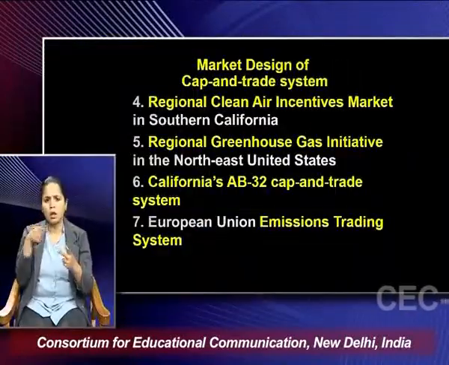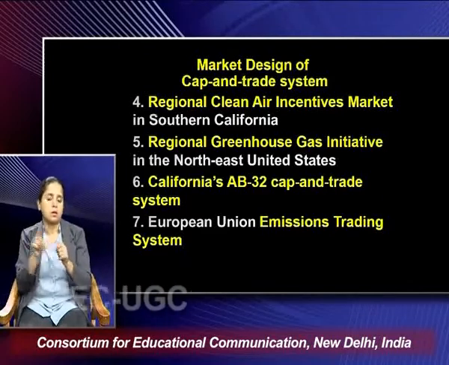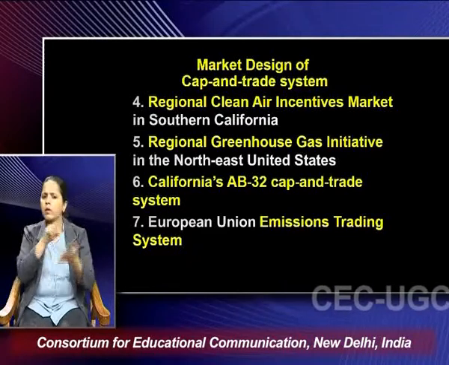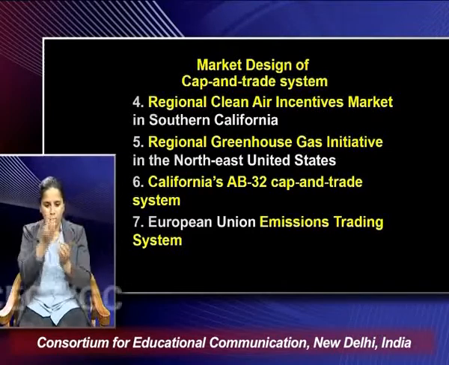The third case study is about nitrogen oxide trading in the eastern part of the United States. Similarly, the fourth case study is the regional clean air incentives market in Southern California. The fifth case study is the regional greenhouse gas initiative in the northeast of the United States.